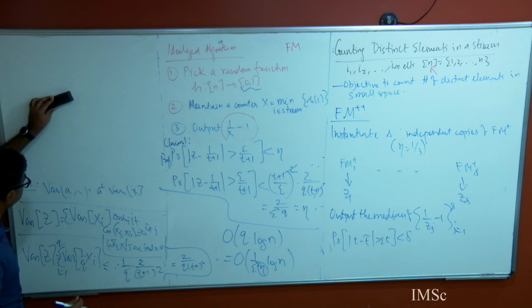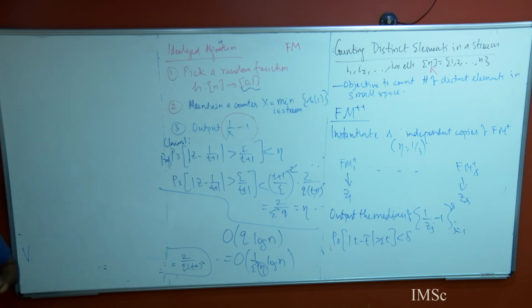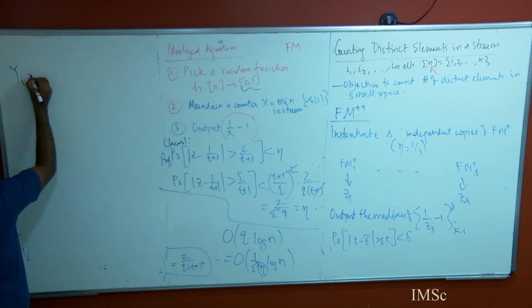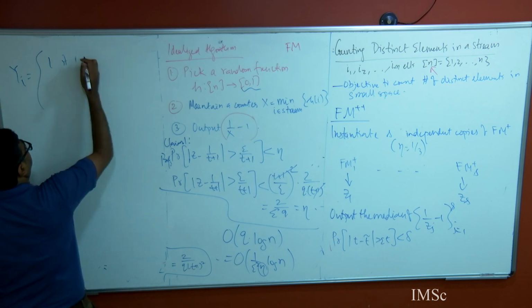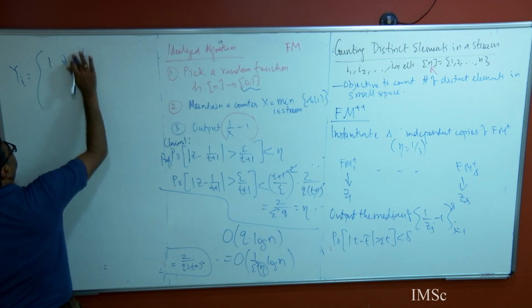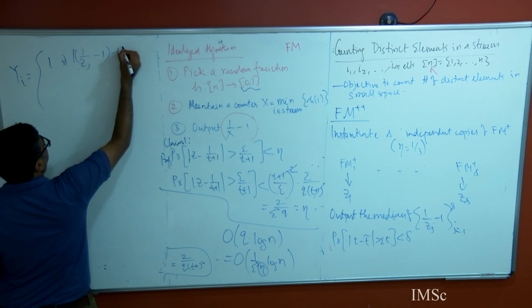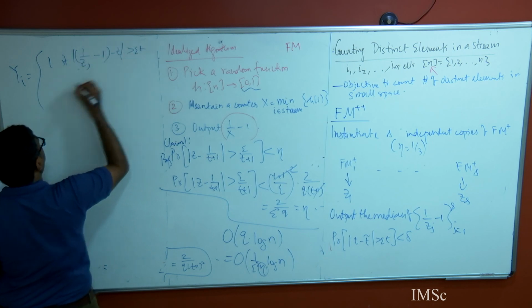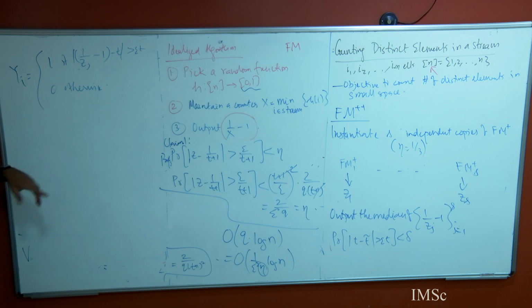And this is no different than before. So I will make a random variable yi, which is 1 if in the ith instantiation we are failing, and 0 otherwise.